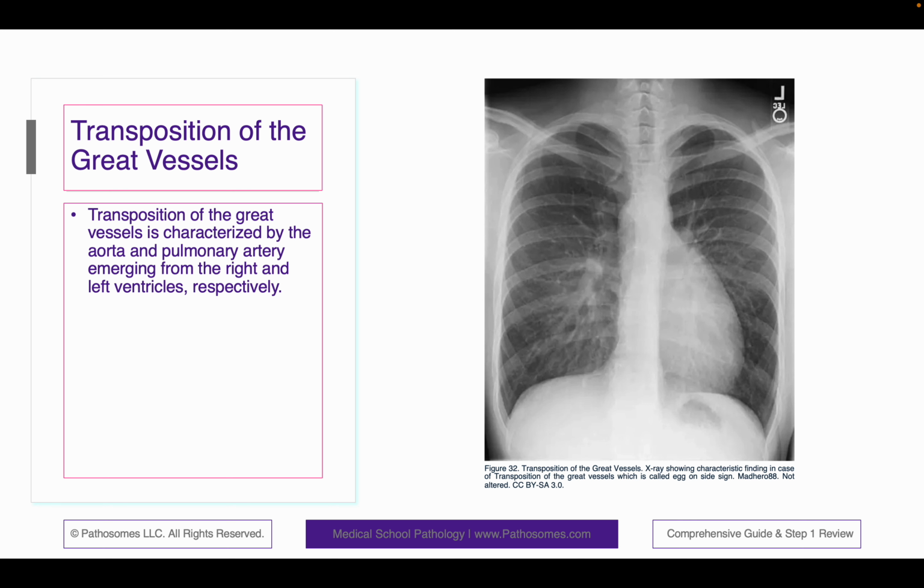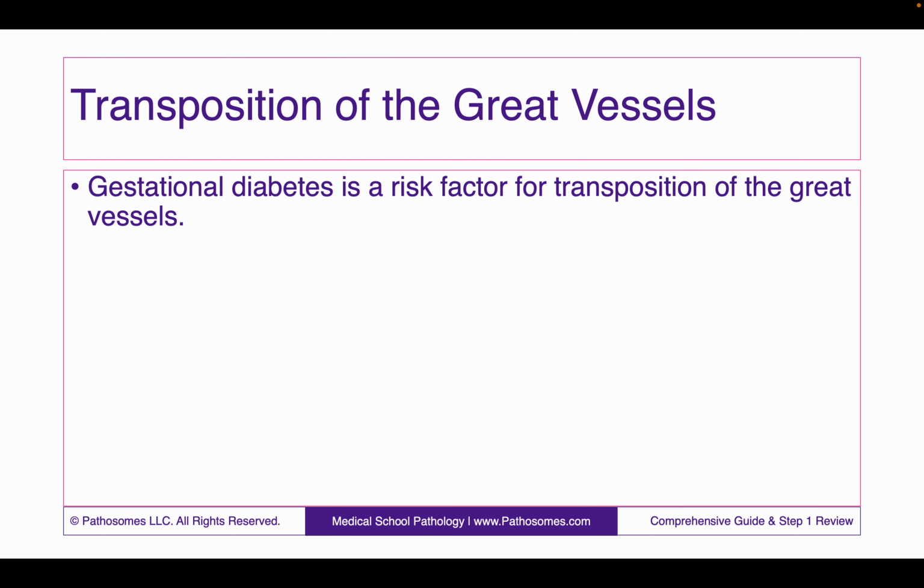And here we have transposition of the great vessels, right? So let's talk about that. Transposition of the great vessels is characterized by the aorta and pulmonary artery emerging from the right and left ventricles, respectively. Gestational diabetes is actually a risk factor for the transposition of the great vessels.